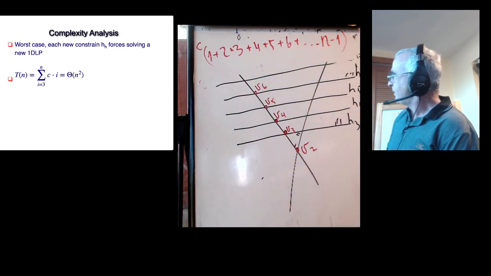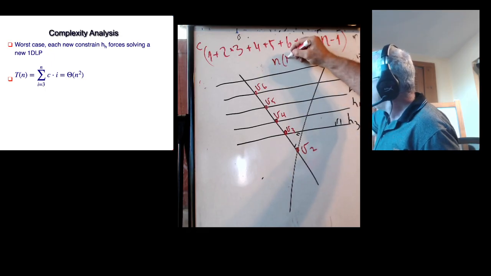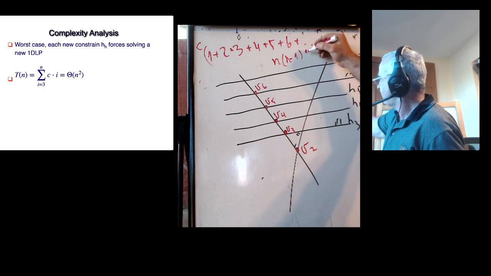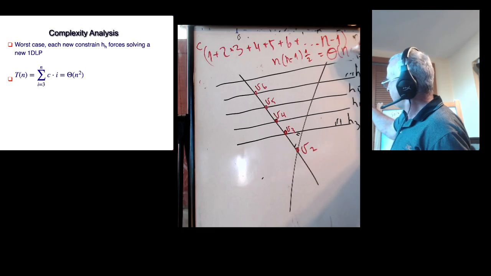What do we know about this sum? This is n times n minus 1 over 2, which is theta of n squared.